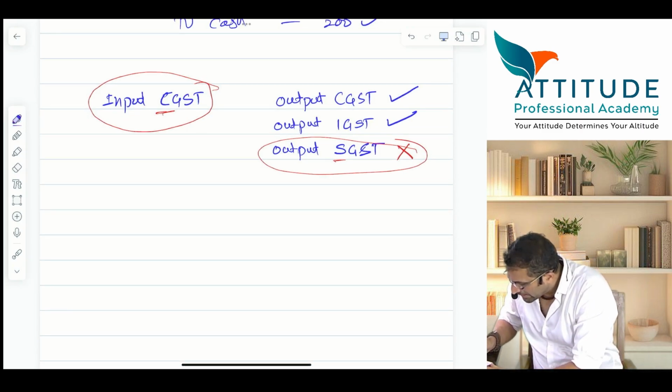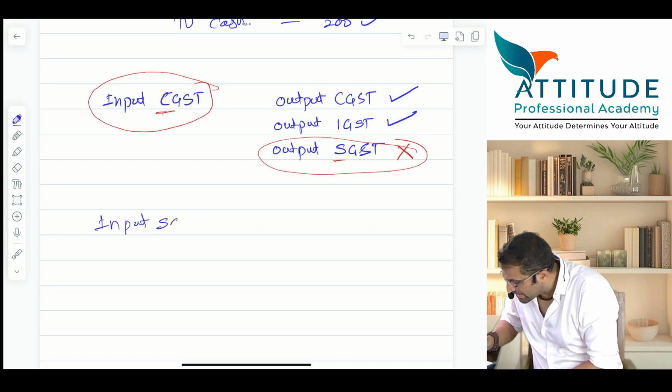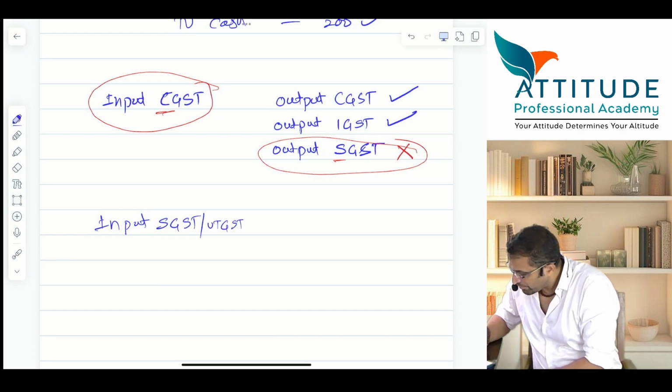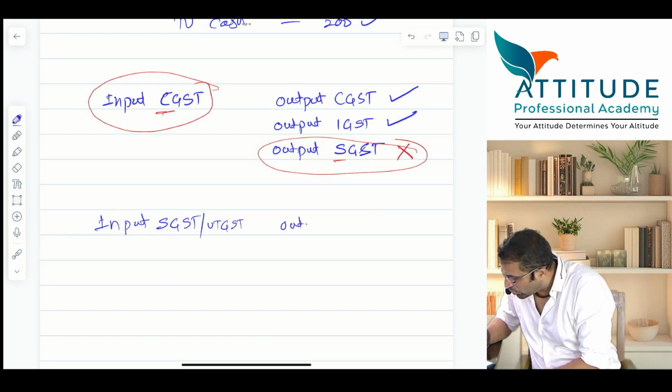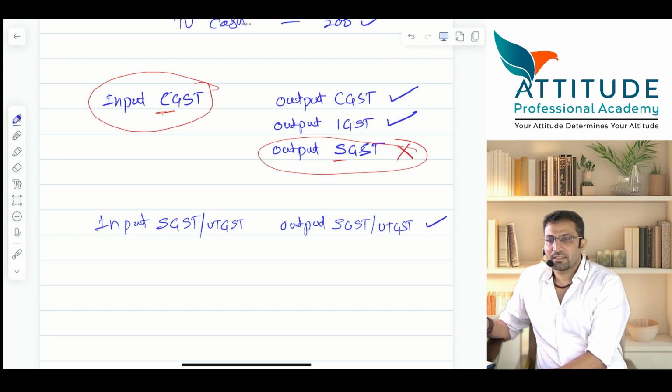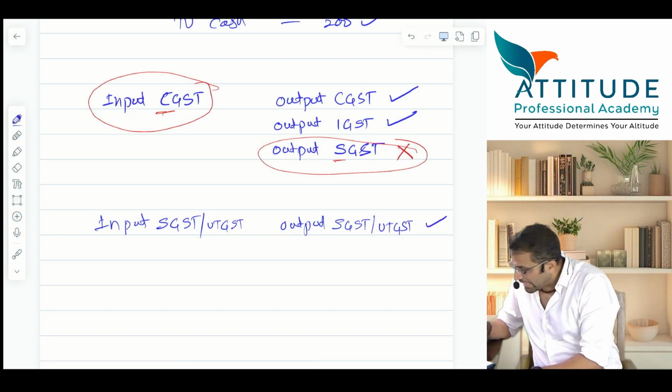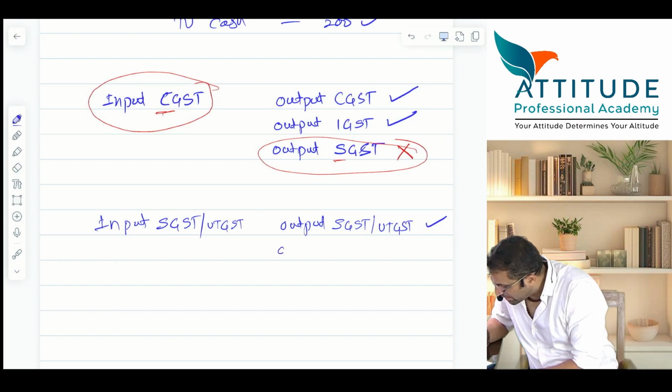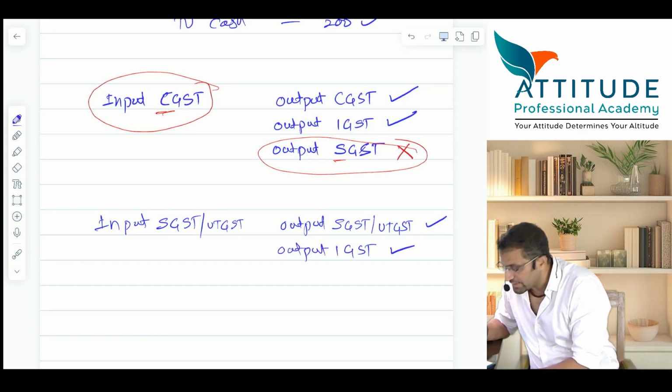Now come down here. Now tell me, sir, what about input SGST and UTGST? Can it be utilized against output SGST or UTGST? Answer is yes. Can it be utilized against output IGST? Yes.